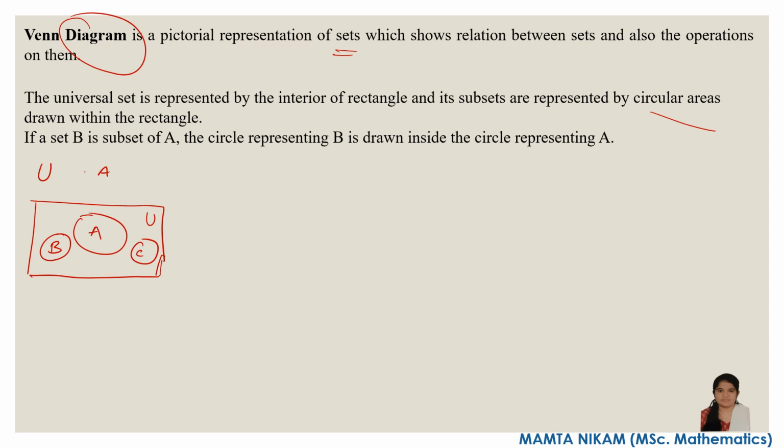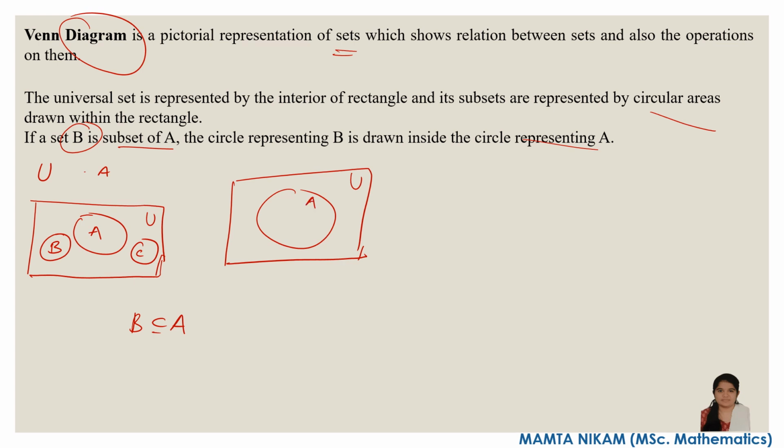If a set B is a subset of A, the circle representing B is drawn inside the circle representing A. So what does this mean? Say this is your universal set, and it is given that B is a subset of A. It means B is contained in A. So we have a set A, and inside this set is B, which is a subset of A, and both these are subsets of the universal set.